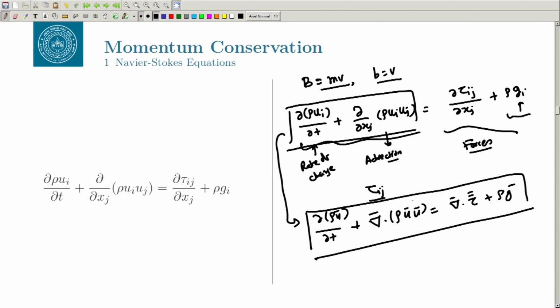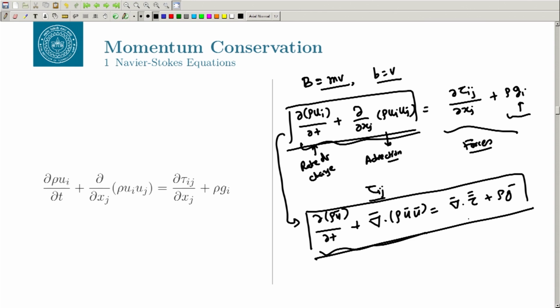That is why I wrote it for you, but this is very trivial: rate of change is equal to the forces. But then what are the forces that we have in the fluid particle? That is where the derivation becomes very important, and this was given by Navier and Stokes separately, and that is why it is called the Navier-Stokes equations.